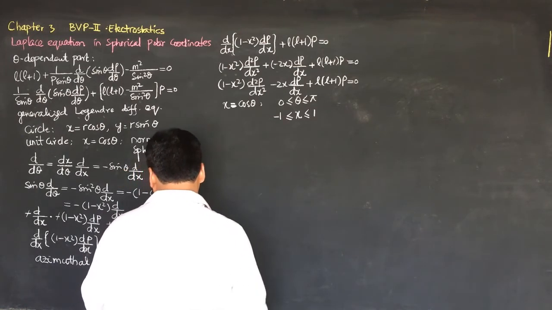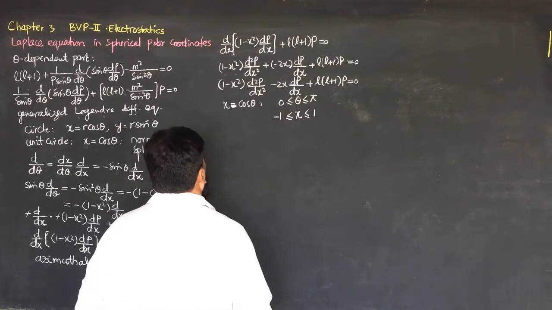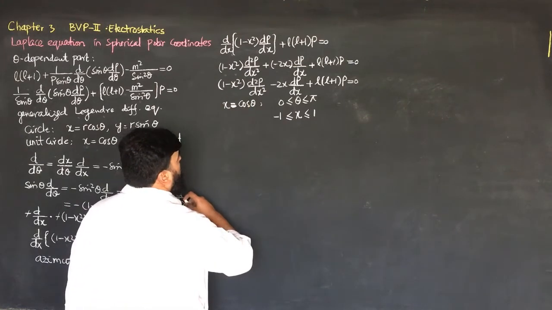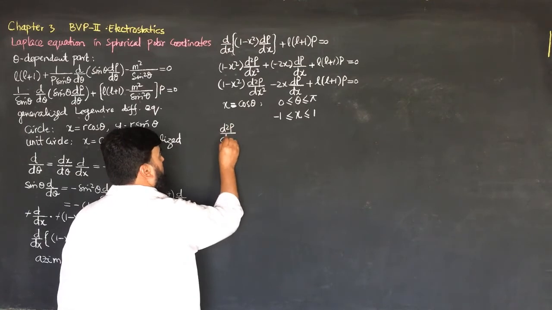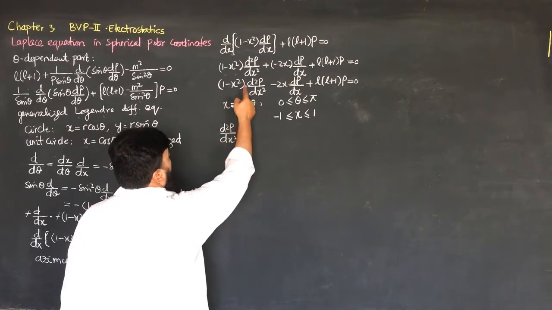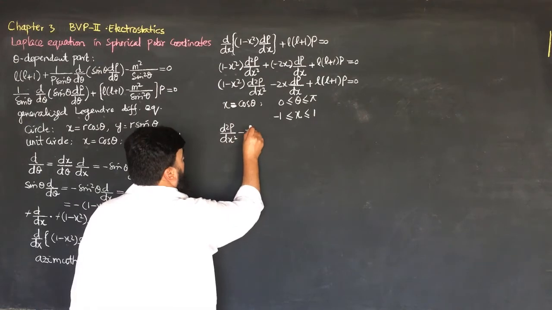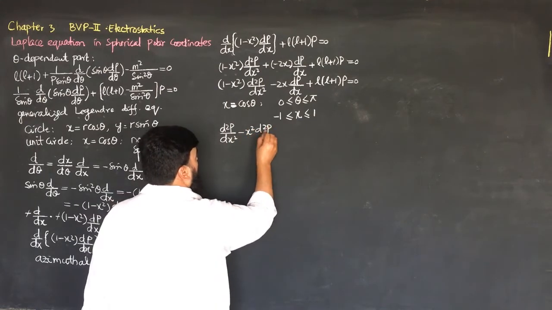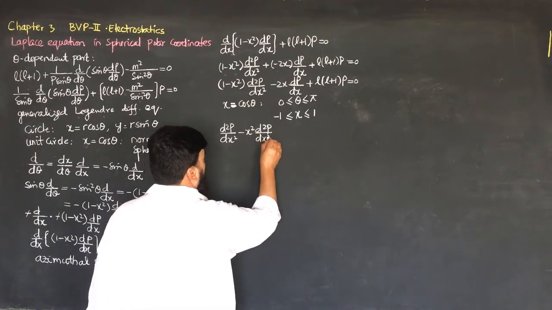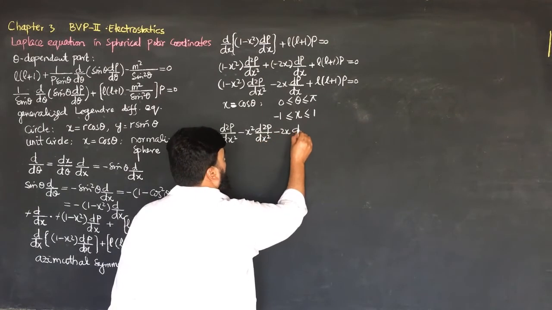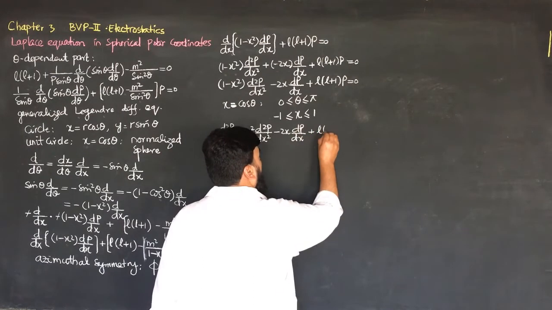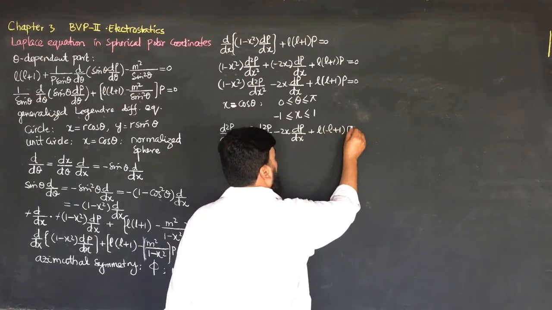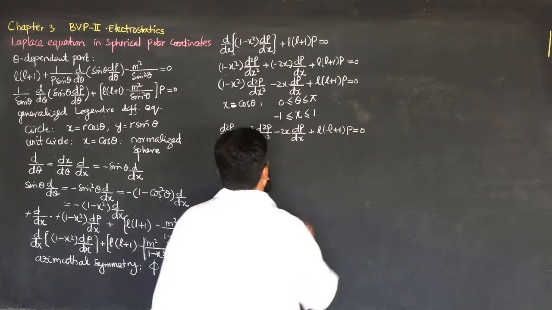Now let me write this equation in a bit more simplified form. We have d square p over dx square, minus x square d square p over dx square, minus 2x dp over dx, plus L into L plus 1 p equals 0.